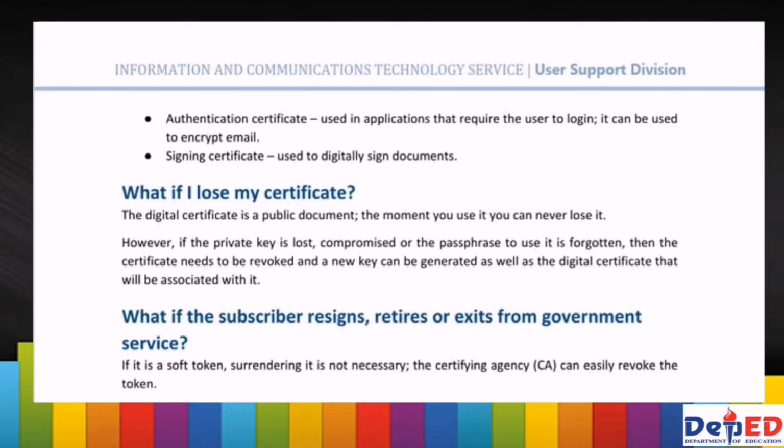For the next question, what if the subscriber resigns, retires, or exits from government service? The answer is, it is a soft token. Surrendering it is not necessary. The certifying authority, or CA, can easily revoke the token.